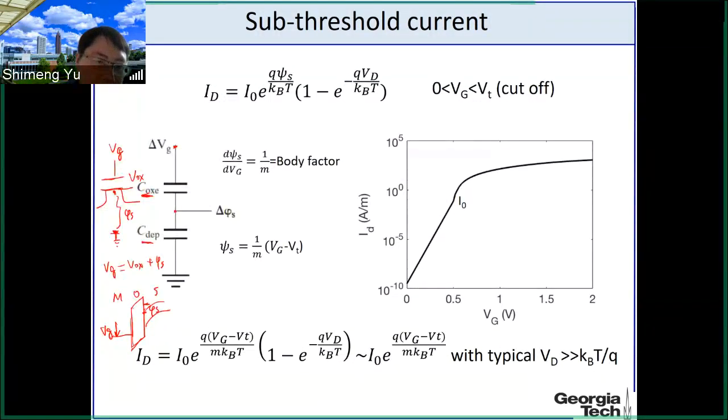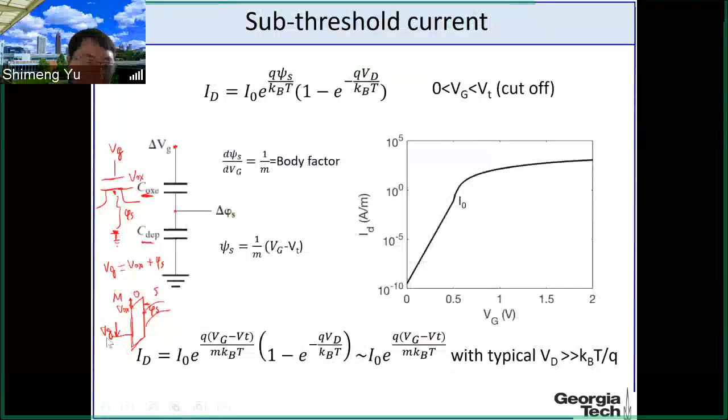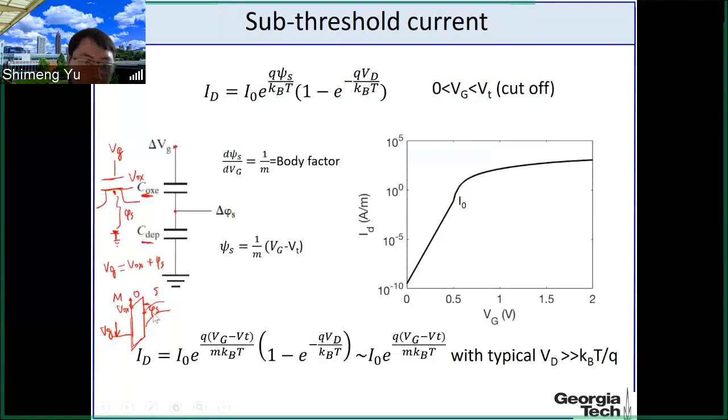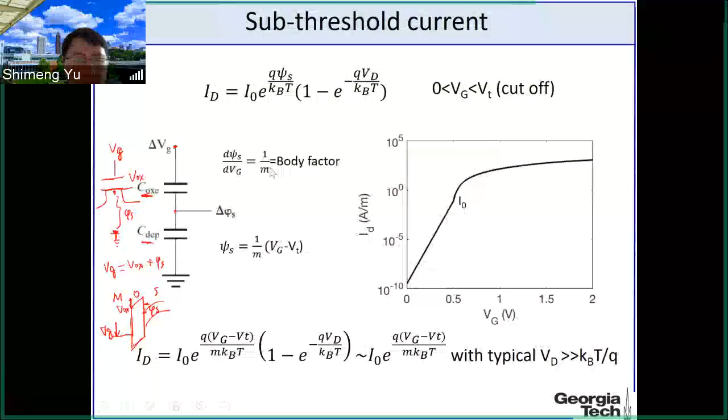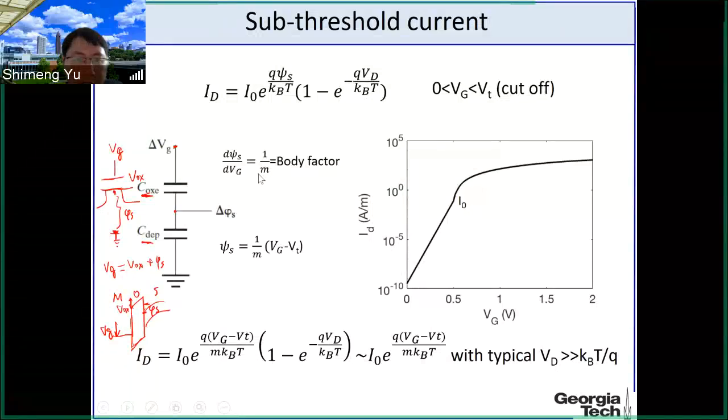But this Vg is larger than the phi s because part of the gate voltage drops across the VOX. So if you change the gate voltage by 1 volt, maybe only 0.6 volts will be applied to phi s. So phi s with respect to Vg has a ratio. And this ratio is called the body factor. And we use m to represent that.